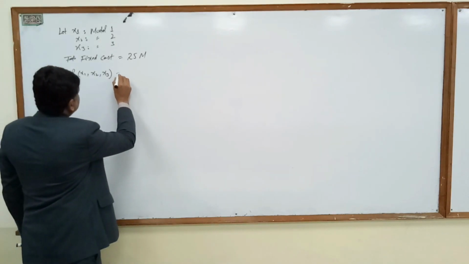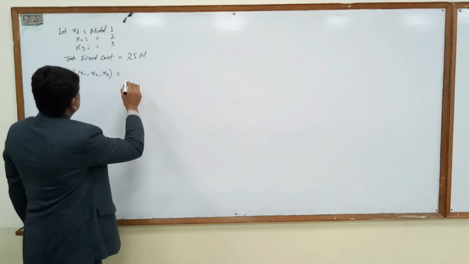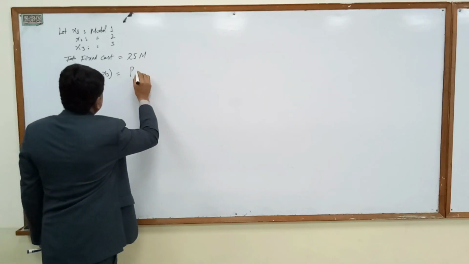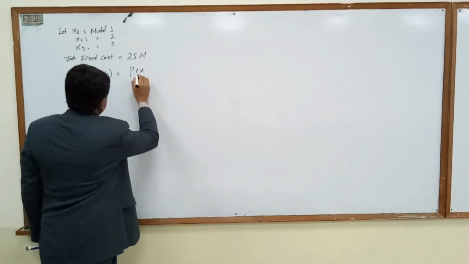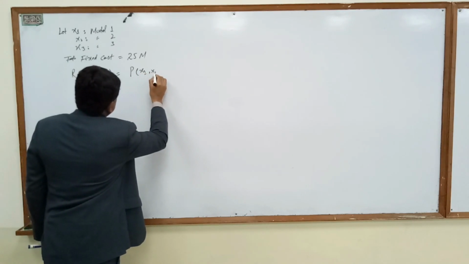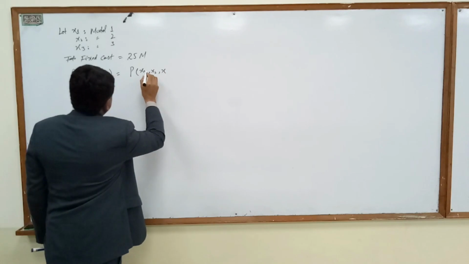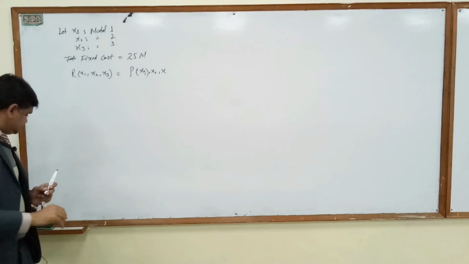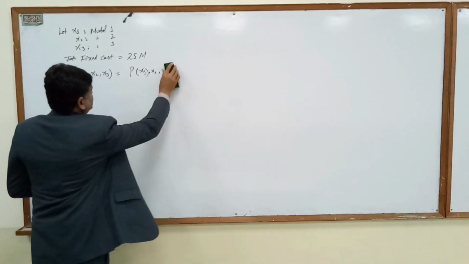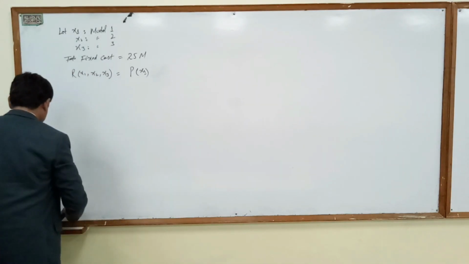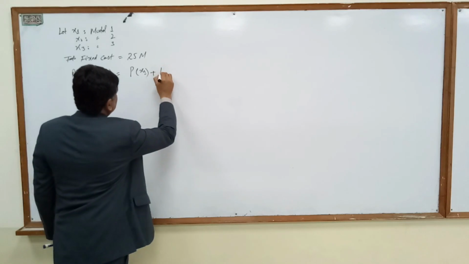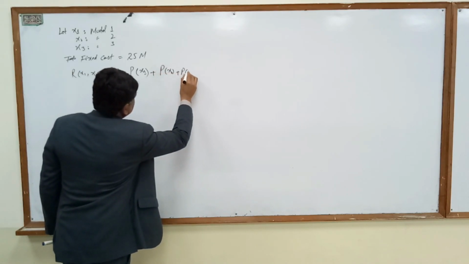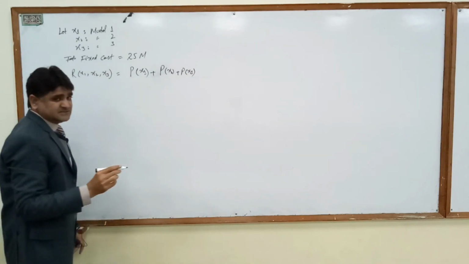So R of X is equal to, what is the coefficient of X1? The price of X1, P of X1 plus P of X2 plus P of X3. Is it? Yes.